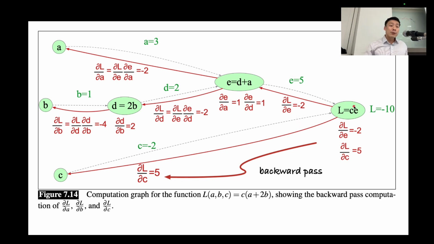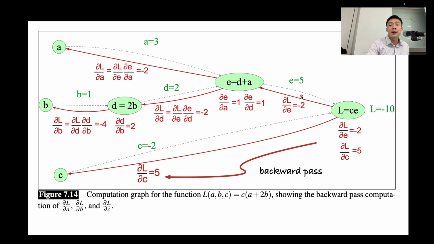To compute the derivative over each parameter, E is a parameter, D is a parameter, A, B, and C are also parameters. We have to take the partial derivative over each variable: dL by dA, I think that's how you say it in English, I haven't said that in a long time, dL by dB, dL by dC, dL by dE.